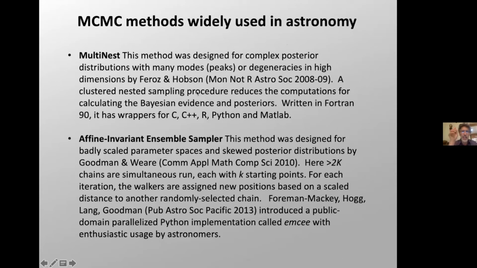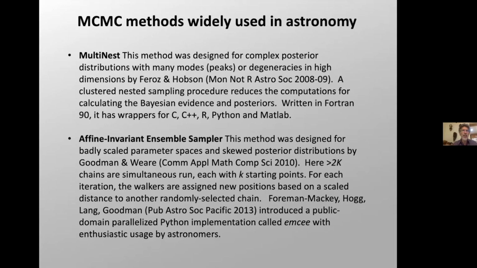Their particular code is called MultiNest, where nest stands for nested sampling. It's one of the ways of doing Gibbs sampling that's more intelligent in some cases. Multi refers to multi-peaks; it's particularly good when you climb up a peak, but there's another peak over there that might be taller, and it knows how to jump around fairly intelligently, even in high dimensions. It's not perfect, but it's pretty good. It was written in a very fast language called Fortran, and it has implementations in other more popular languages. Here they are.